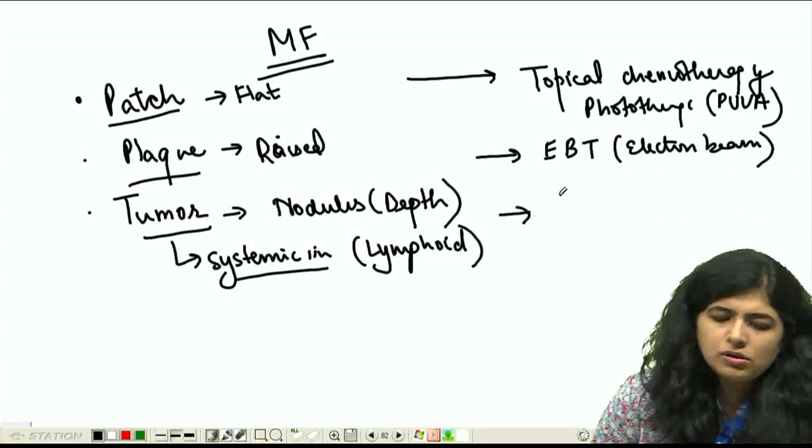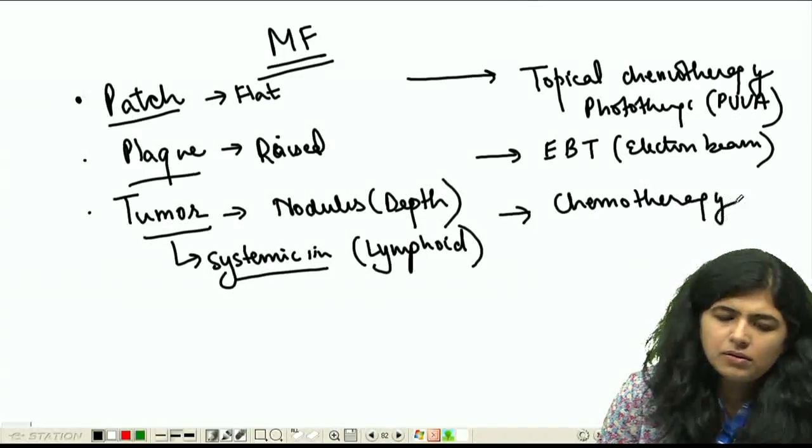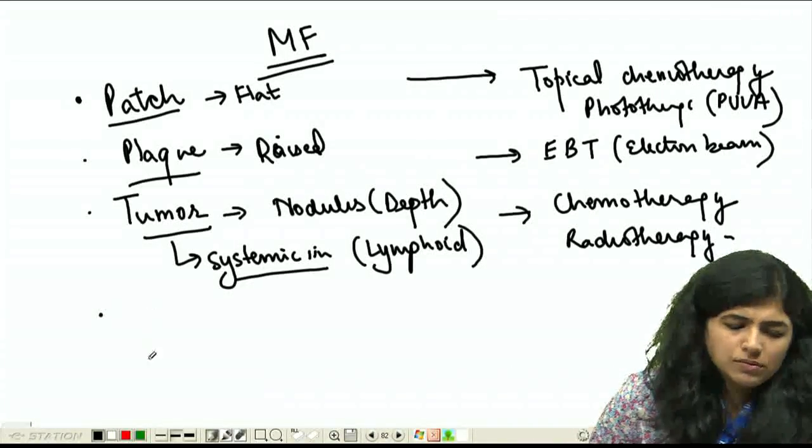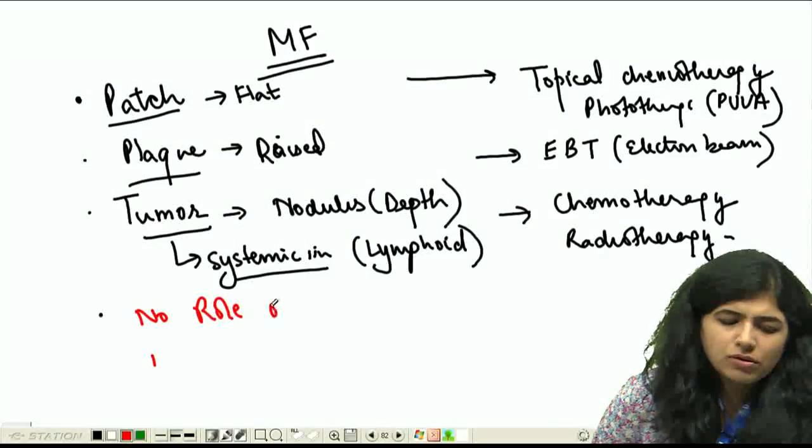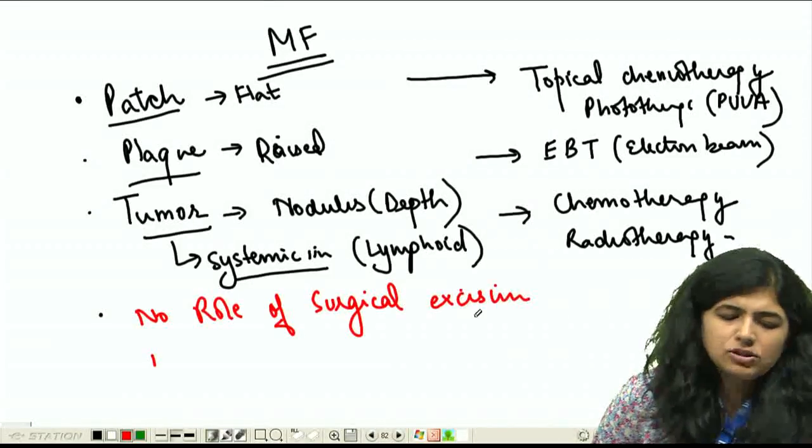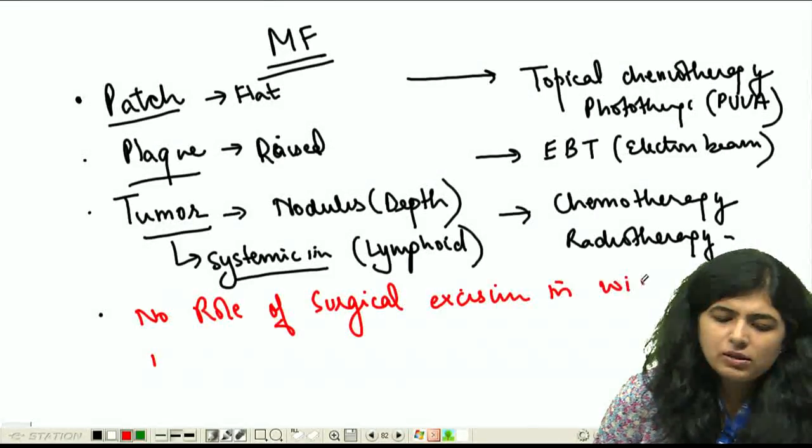In tumor stage, you give chemotherapy, you give radiotherapy. There is no role of surgical excision. How much can you excise surgically? You cannot. There is no role of surgical excision in widespread lesions like the ones which are shown in the image there.